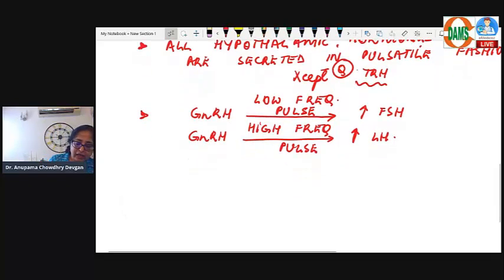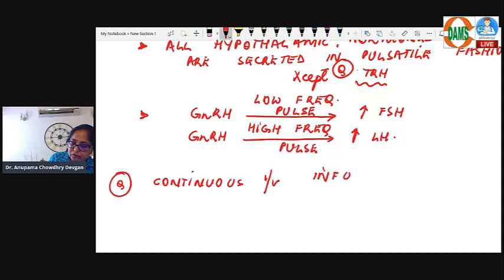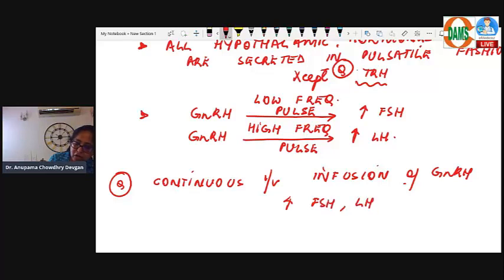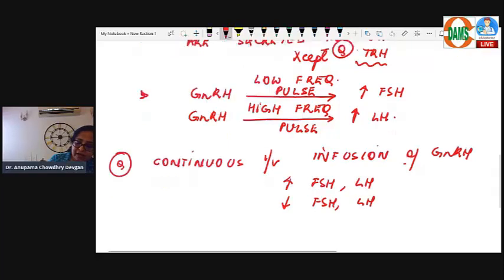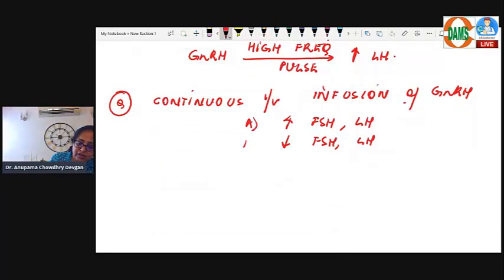See, there was a question which was asked. A continuous IV infusion of GnRH: does it increase FSH, LH, or does it decrease FSH, LH?